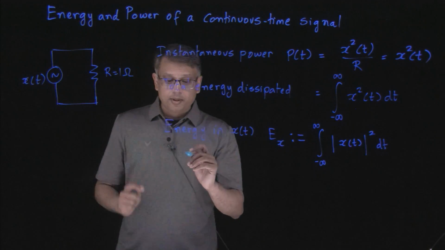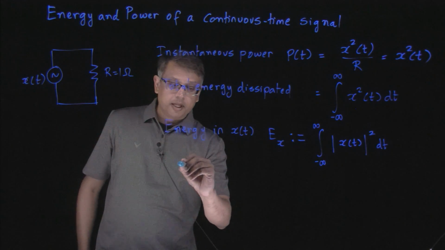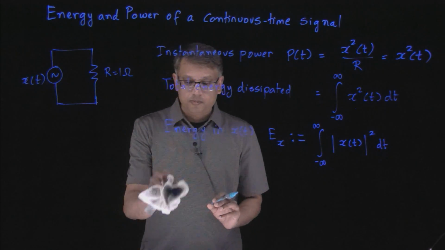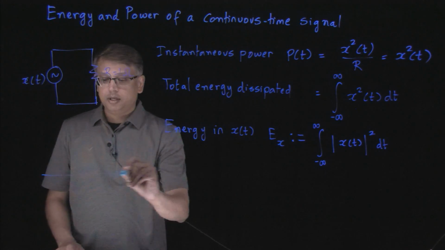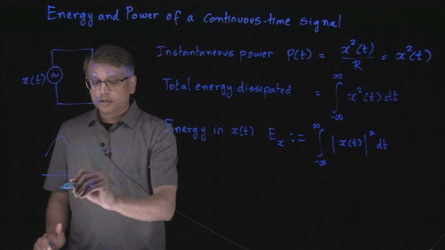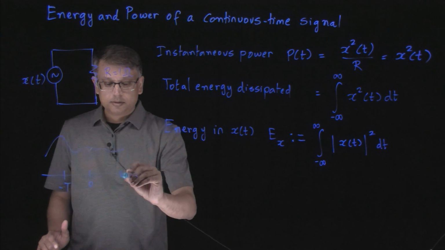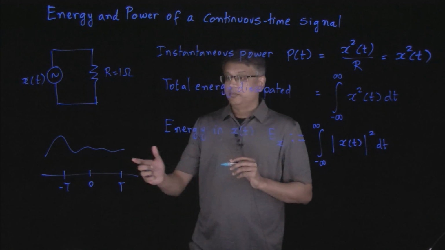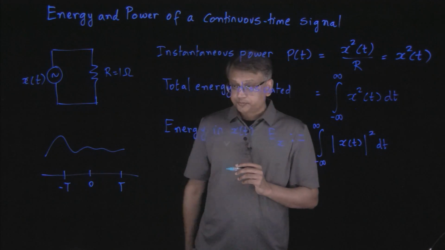Let's say that we have the signal x of t, and I observe the signal over a time window from negative T to positive T.